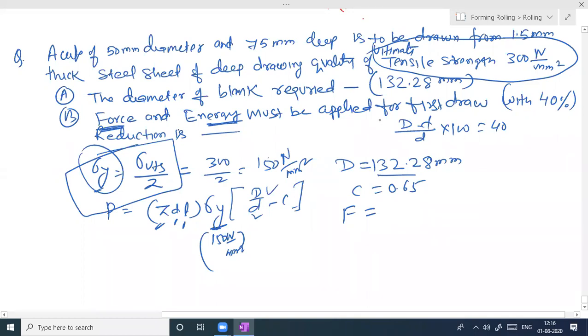Seventy point five, 57 kilonewton. Different answer. Force you estimate. 70.5.